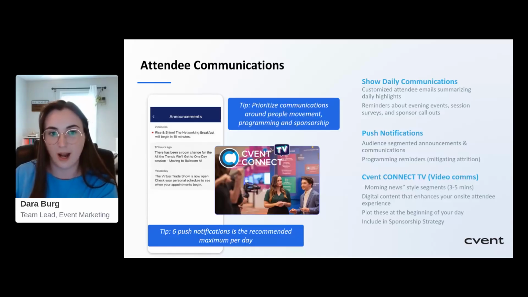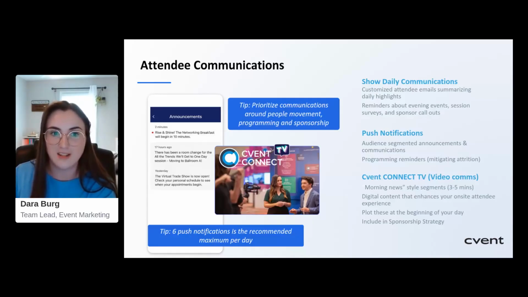There's always an important reminder about the evening event, and the sessions that you should attend today. We include all of the quick links so that people can access things like their Attendee Hub login and the mobile app. One of the most important things we put in there is the session survey. That's why I call it the feedback daily: at the end of the day, our biggest CTA is please give us feedback, because that is such important data that you can then use for next year. So that's our main CTA in our show dailies.